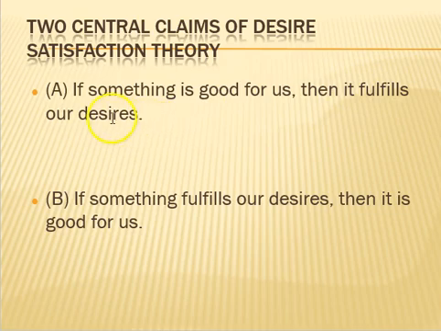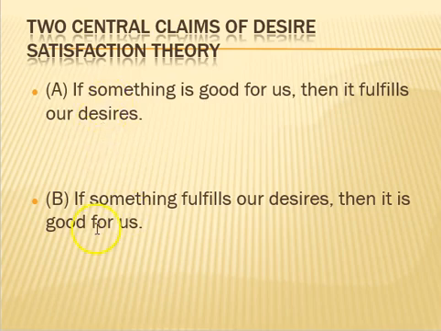If I can show that something does not fulfill my desire, but it is good for me, then A is false. Likewise, if I can show that something's good for me, but it doesn't fulfill my desire, then I can show that B is false. So up here, if I can show something does not fulfill my desire and is good for me, then A is false.